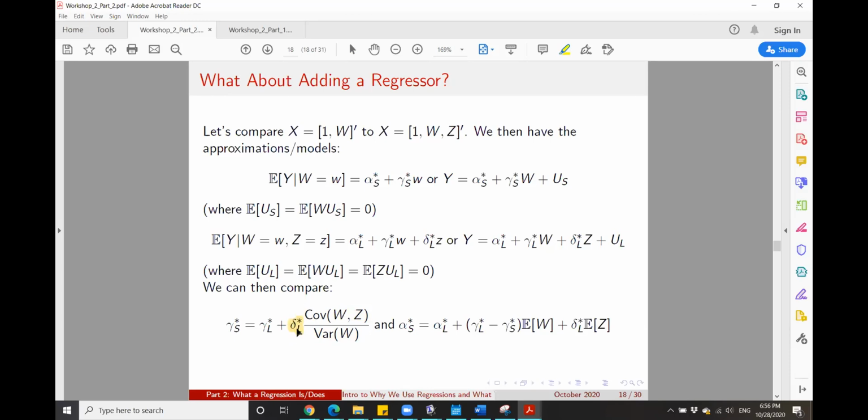So if you have some idea of the sign of this delta, and you know more or less how this variable is related to the variable that you're regressing on, so like, you know what this covariance, in particular the sign of the covariance, then you have some idea of which way your bias is going. And that can be really helpful. The constant term is generally less informative, and we just generally care about it less.